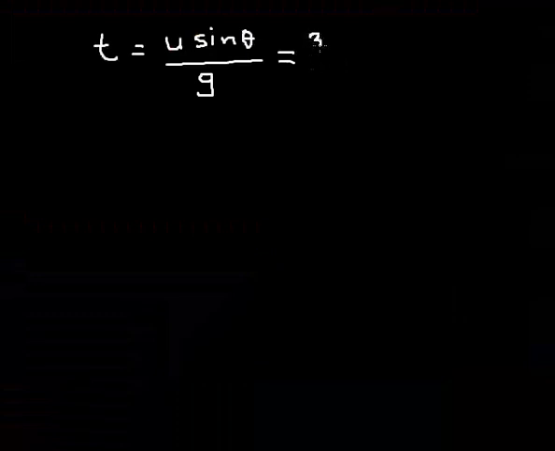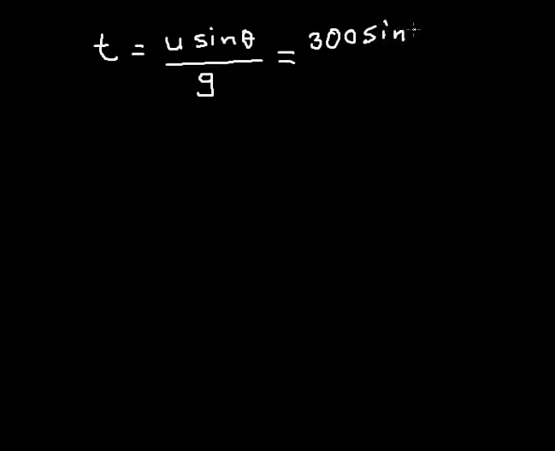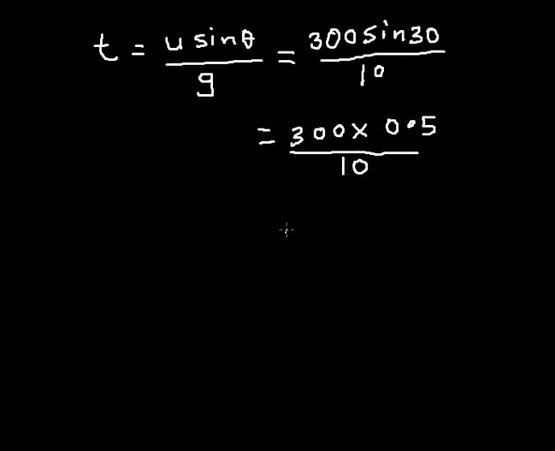So that's 300 sine 30, then divided by 10. So this is going to be equal to 300 times 0.5, since sine 30 is 0.5, then divided by 10. 0.5 multiplied by 300 gives 150. 150 divided by 10, that's 15. So 15 seconds is the time it takes that projectile to reach the maximum height.